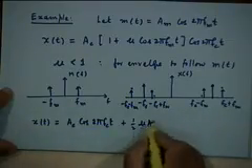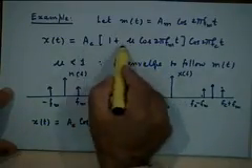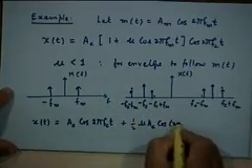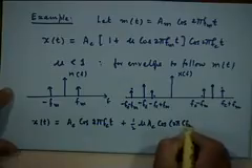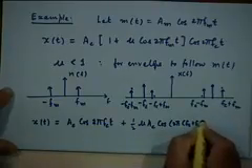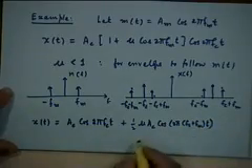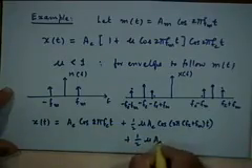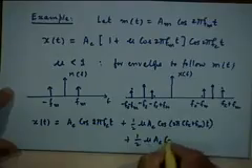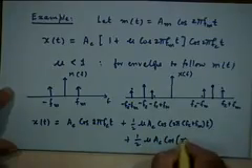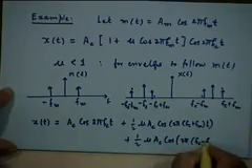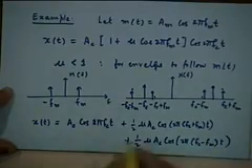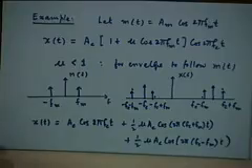The upper sideband will have an amplitude mu A_C by 2, and the signal there is 2 pi (fc plus fm) t, right? Similarly, you have a lower sideband of amplitude half mu A_C, cosine 2 pi (fc minus fm) t, right? Just by simple trigonometric identities you can write this.